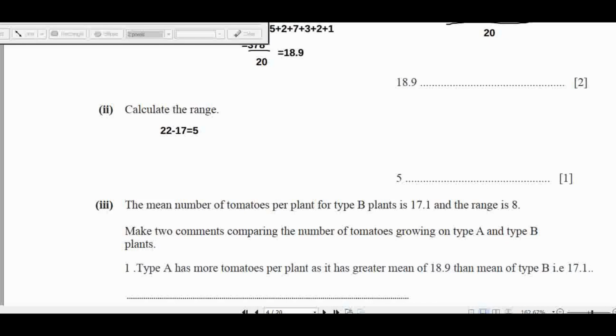First comment. Second comment is about range. Range for type A is 5 whereas type B is 8. So I say that the consistency is there. When some data has lower range, it means the data is more consistent.